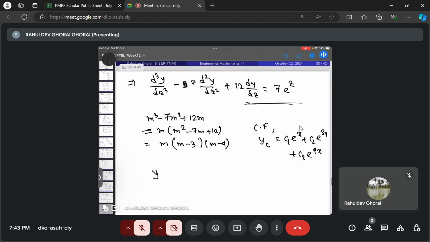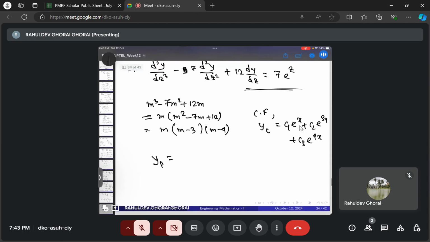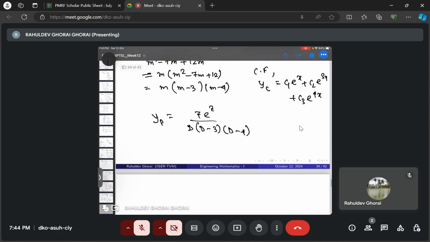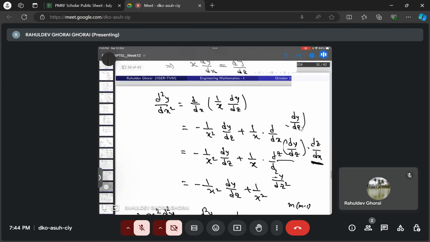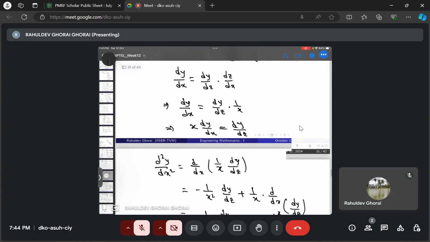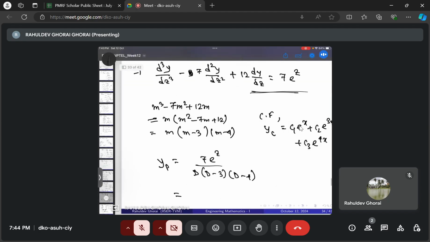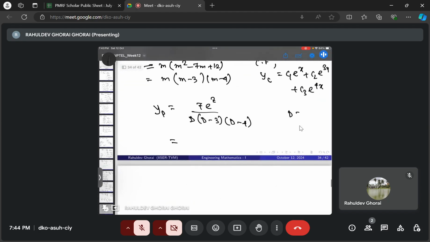And then yp will be 7 e to the power z over m times m minus 3 times m minus 4. So that is D times D minus 3 times D minus 4. Okay, so this D and the given D are not the same. If you think of D here, it is nothing but d/dz, right?